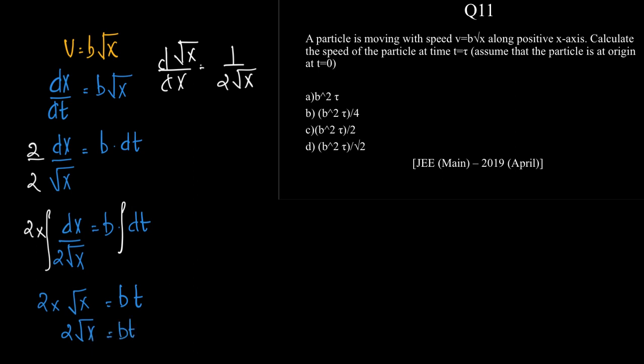Now if we square this on both sides, what do we get? 4 into root x square, which is x, is equal to b square t square. So it otherwise means that x is equal to b square by 4 into t square. Now what is d by dt of x equal to now?